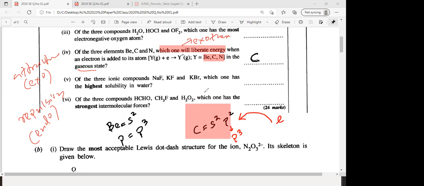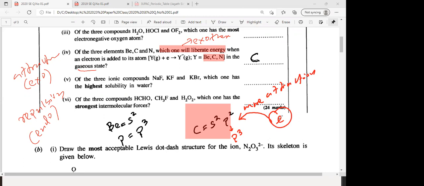Is that clear, everyone? Did you get it? Carbon is willing to take the electron. It can go from p2 to p3 configuration. Any questions? Did you understand why carbon is the one which liberates energy? That means there will be attraction here, more attraction.